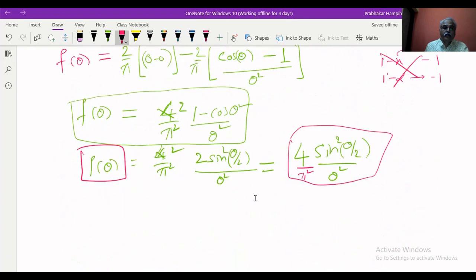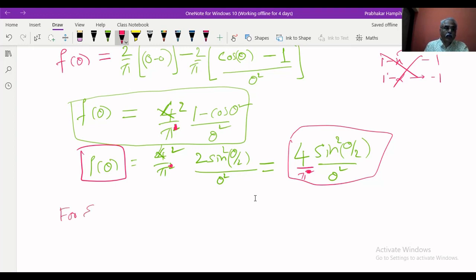This 2 by pi and 4 by pi, simply 4 by pi.